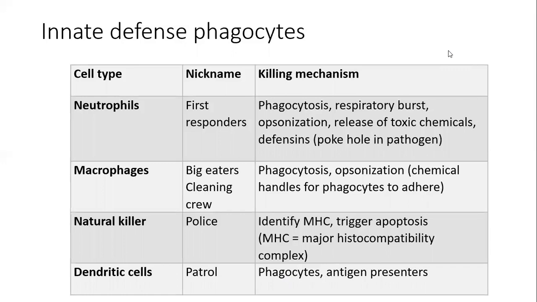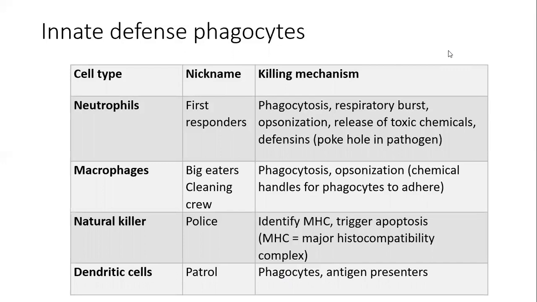Macrophages, that means big eaters, and they're the cleaning crew. They are also huge phagocytes. They also opsonize. And they make the handles for the phagocytes to hang on to. They put the handles on the pathogen so that the phagocytes can grab onto them.